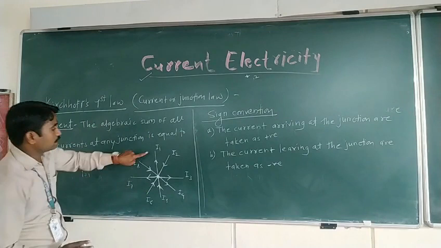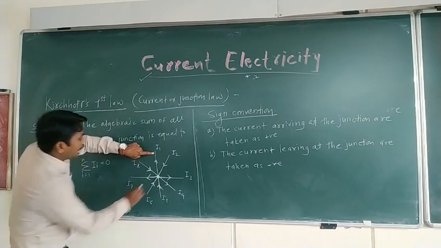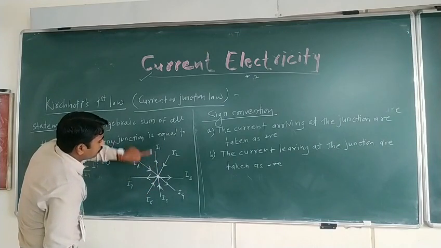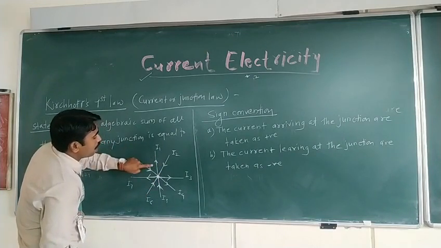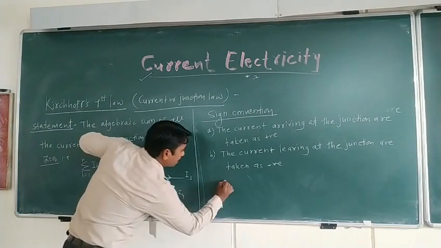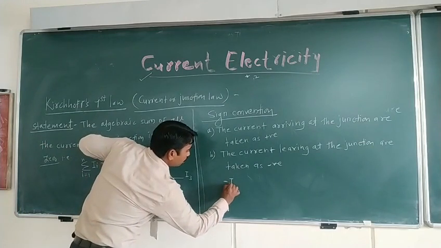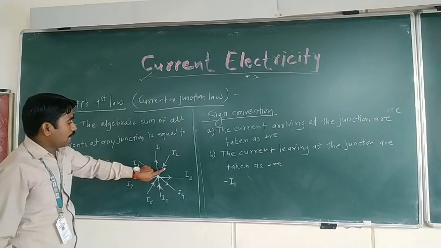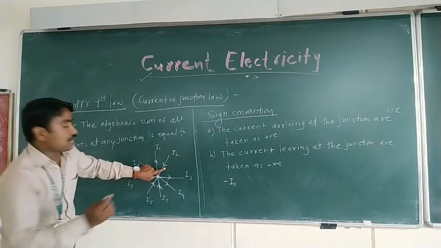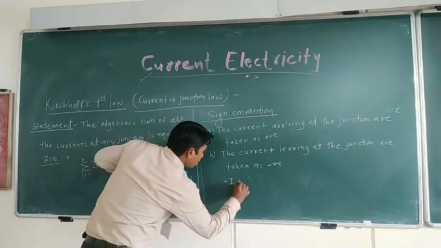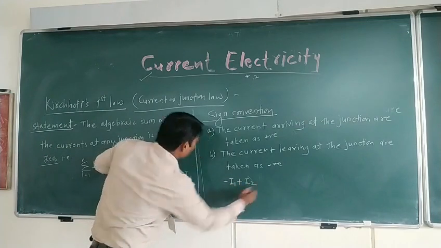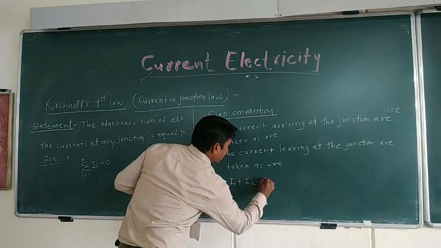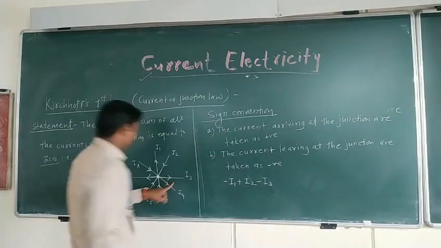First, starting from I1. We know that this is I1. What is the direction? The direction is away from the junction. Therefore, we take minus I1 because the direction is away from the junction. I2 is towards the junction, taken as positive, plus I2. Third, away from the junction, minus I3.